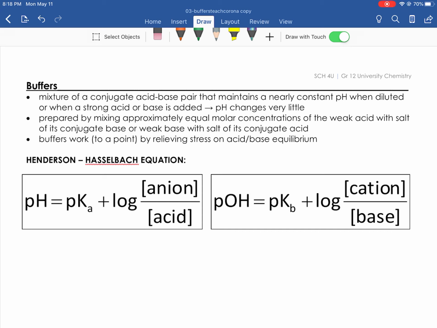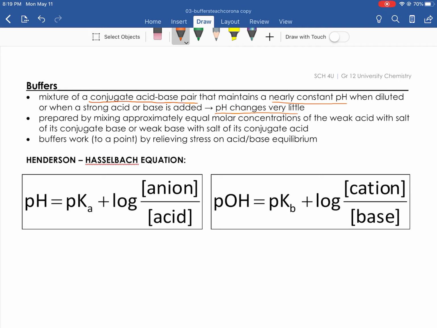Okay, so a buffer is a solution that is actually a mixture of the conjugate acid base pair. And what that means is there is some of both. So there is some of the acid and its conjugate. So when you add an acid or base to the buffer, then the pH is going to change very little.